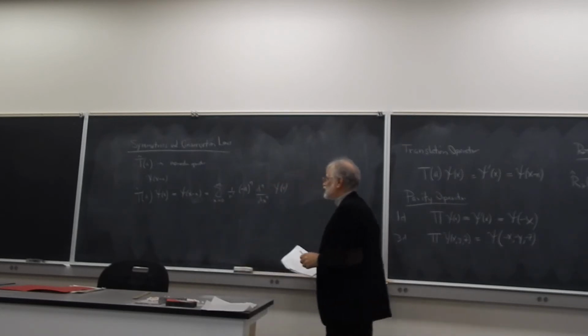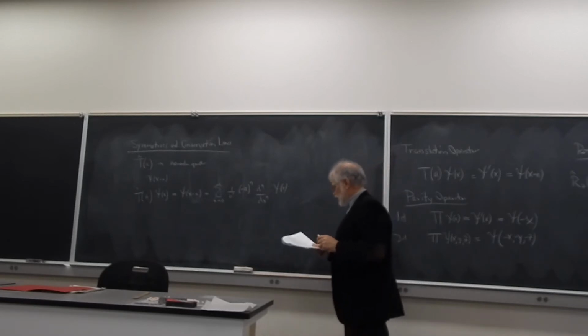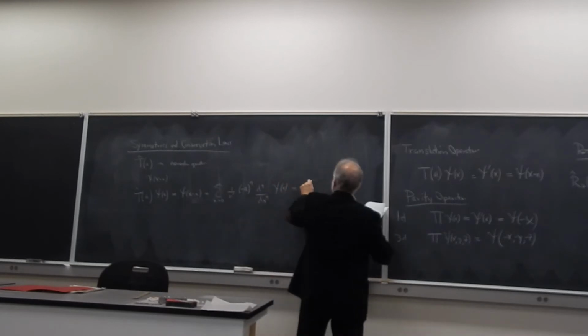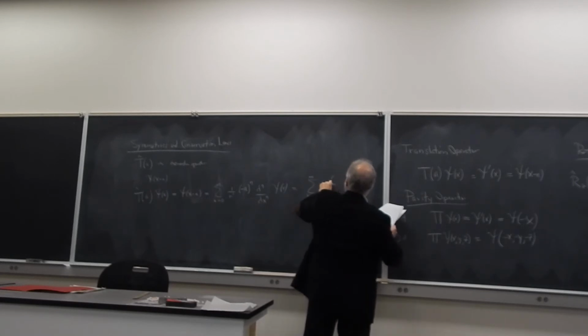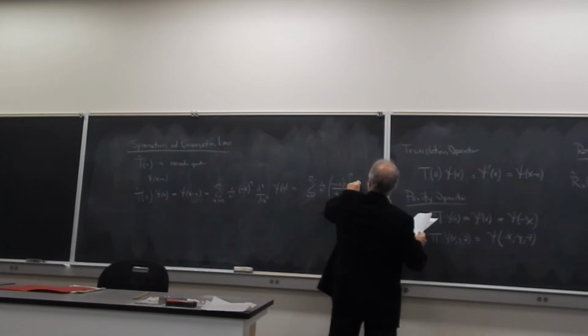So I've replaced my translation operator, replaced my function psi of x minus A by the Taylor series. I can write that as sum n equals 0 to infinity, 1 over n factorial, minus iAp divided by h bar, to the n, times psi of x.